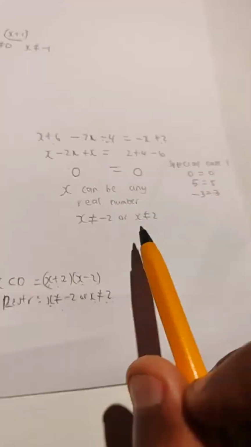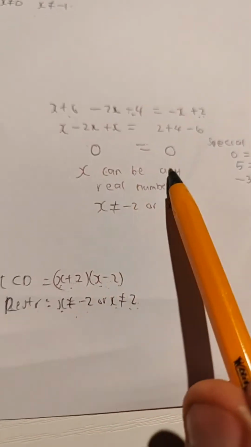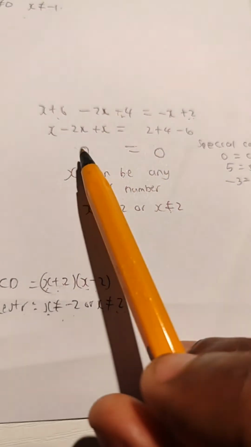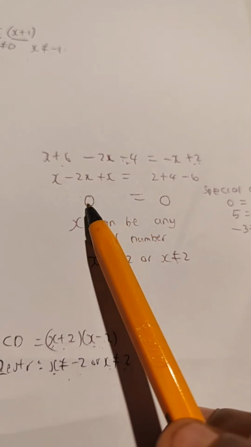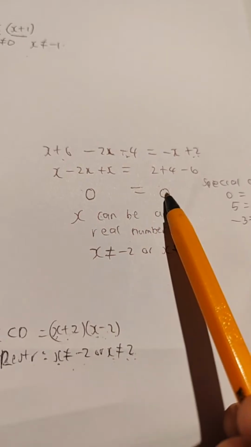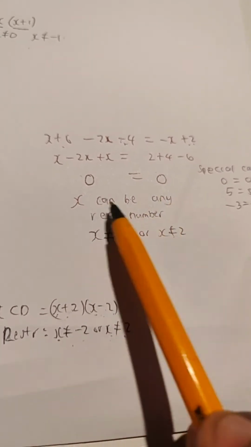So x can be any real number with the exception that x cannot be negative 2 or x cannot be positive 2. We avoid these two values. x can be any real number. Whenever you have a situation where you arrive at an equation and then the equation basically shows you that one number is equal to another, you say x can be any real number.